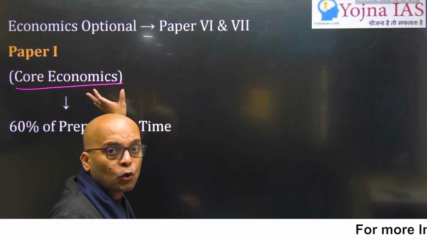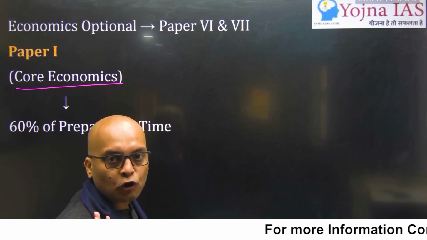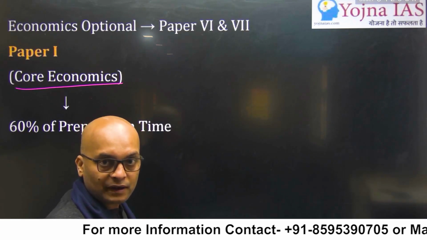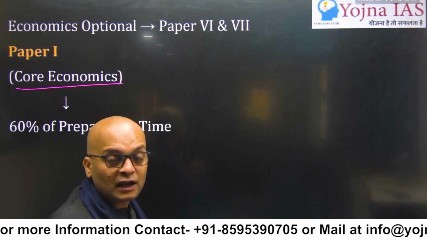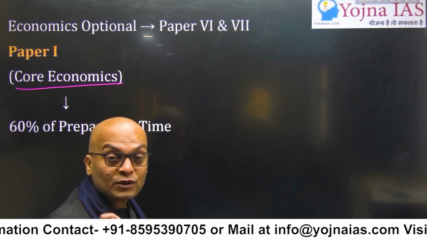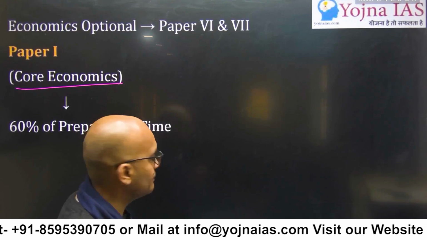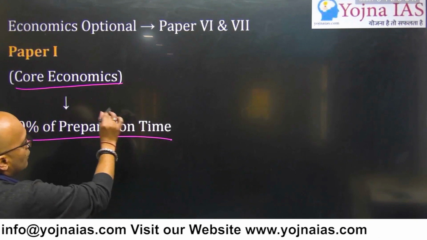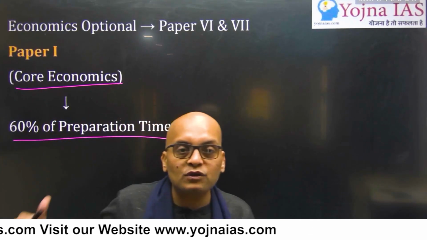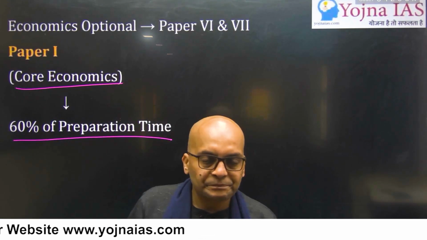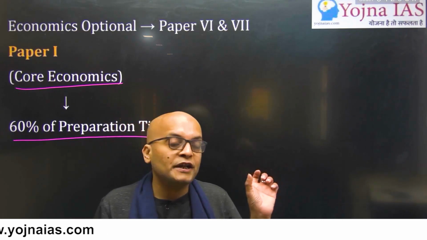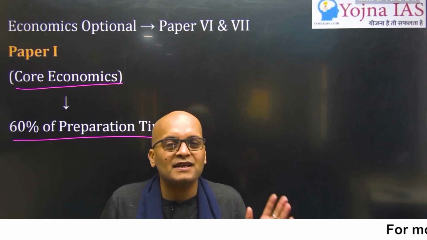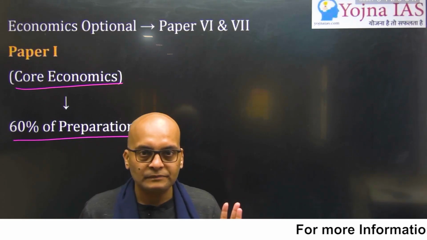Paper 1 is from core economics, direct principles of economics, called advanced economics in the UPSC syllabus. Once you take economics optional, we will go through them and do a detailed analysis. 60% of your preparation time will be dedicated to this. What is this? Core economics concepts, theoretical in nature and graph-based. So just concept clarity is required.